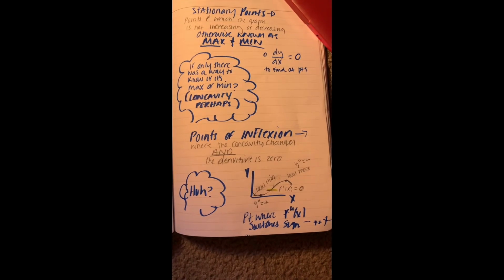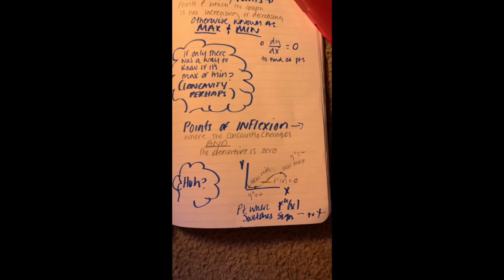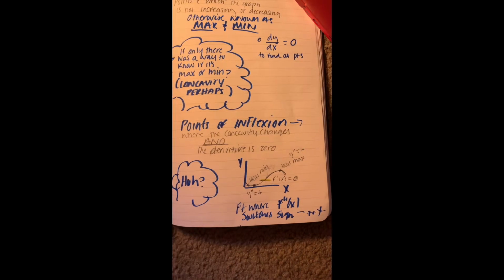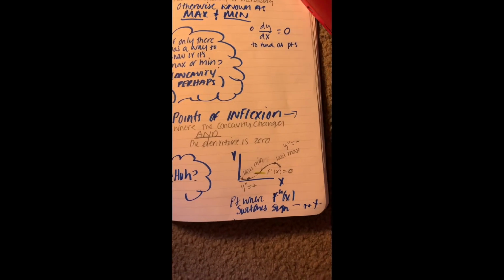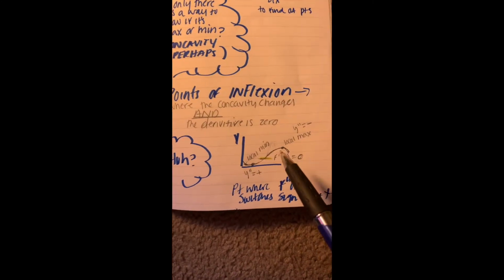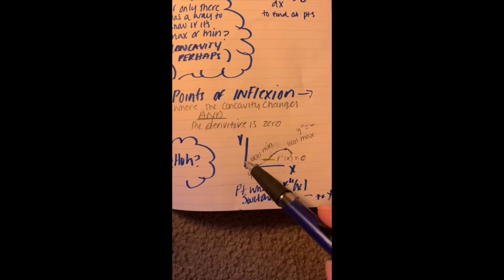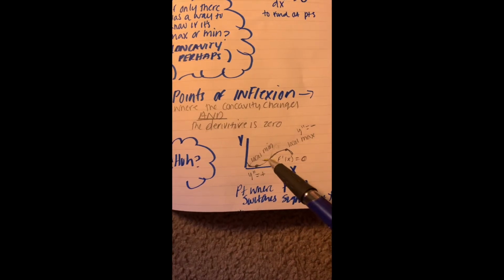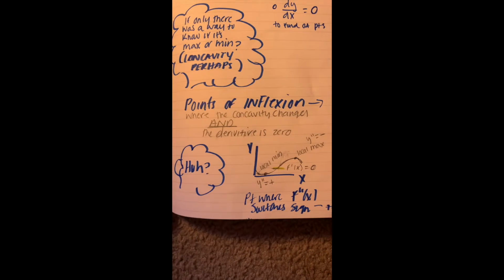A good way to think about this is where the signs of the second derivative change, so when it goes from negative to positive, or positive to negative. And here we see this happening. Here's graphically what happens. It's this point where you go from being concave up to switching into concave down, and we can figure out what that point is.